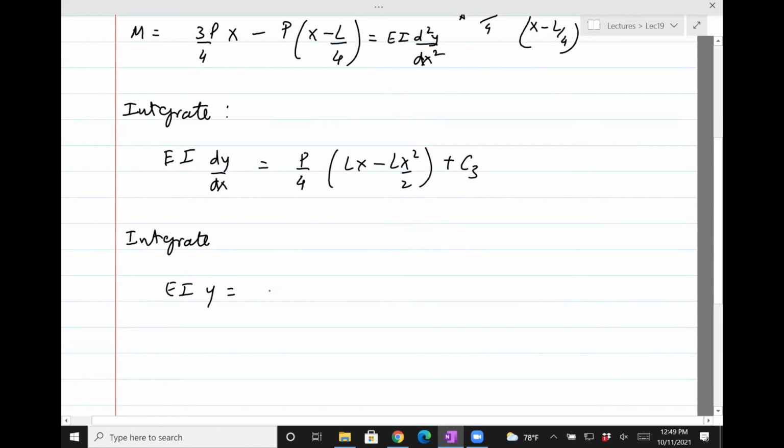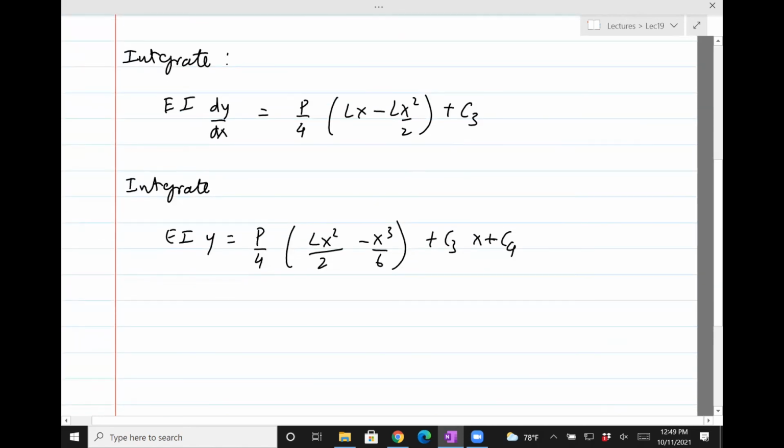EI y equals P divided by 4 (Lx squared over 2 minus x cubed divided by 6) plus C3x plus C4. Now, as I said, we have not one, not two, but 4 constants.